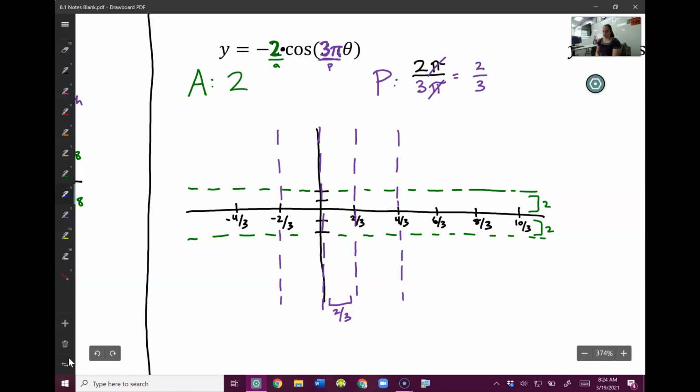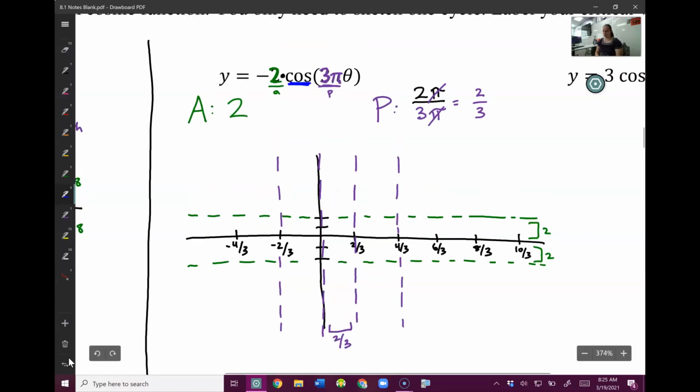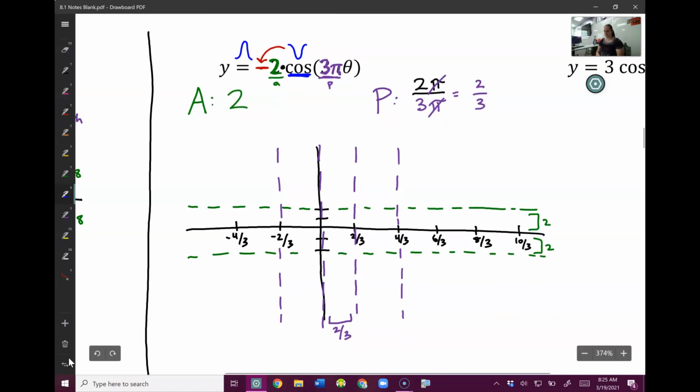So next, I look up at my equation. This is a cosine curve. Cosine goes top, bottom, top. But I have that sneaky negative in front. That's going to flip my cosine curve to be bottom, top, bottom.